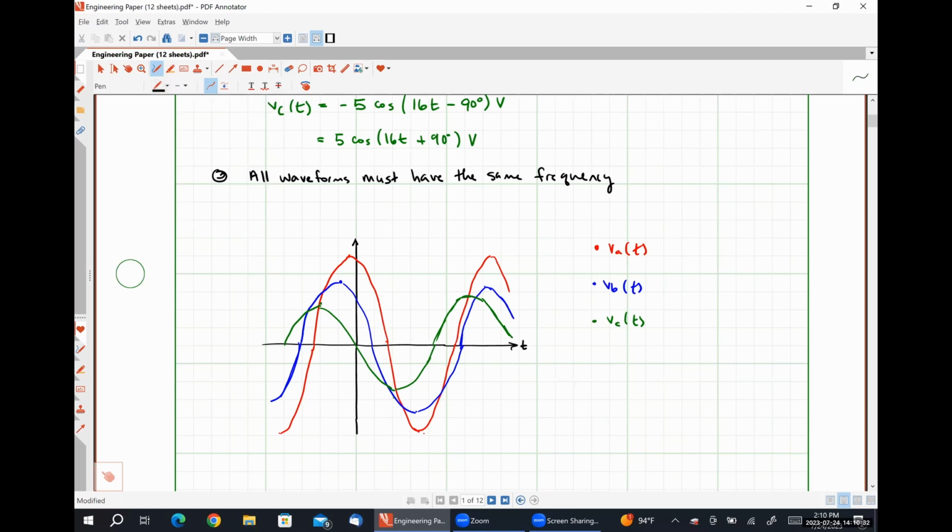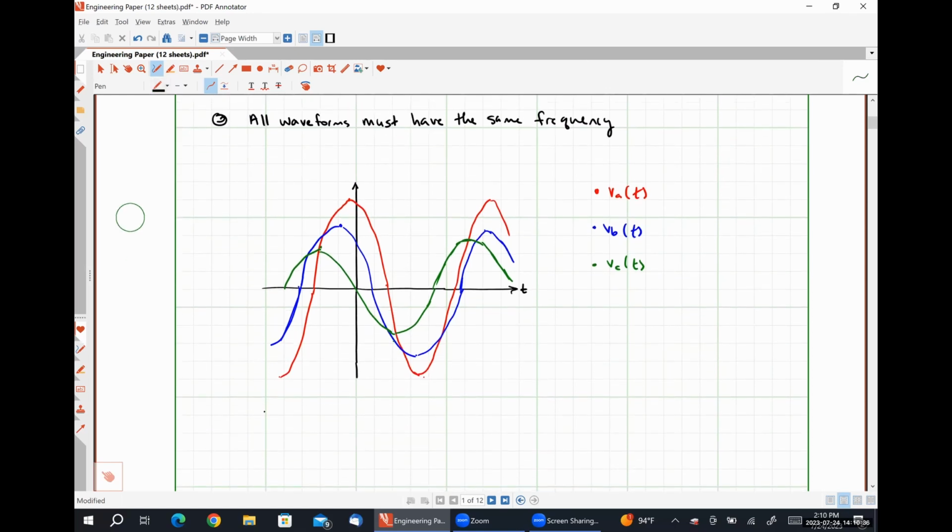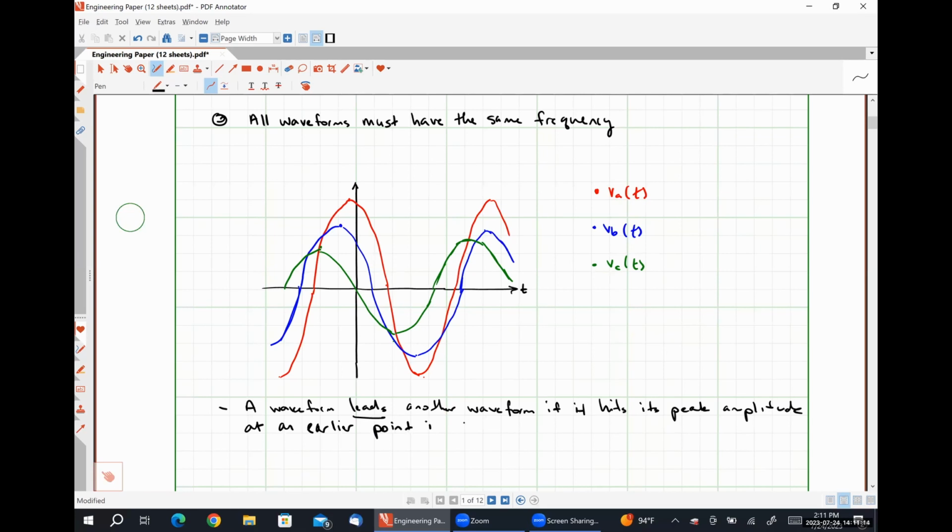So when we're looking at leading or lagging, we can say that a waveform leads another waveform if it hits its peak amplitude at an earlier point in time than the waveform it's being compared to.